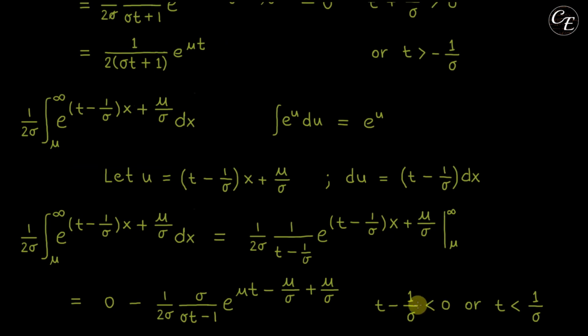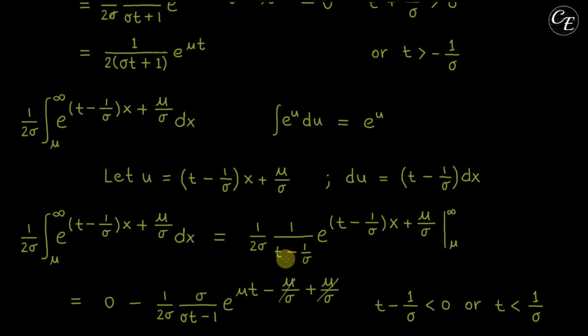Or if we move this 1 over sigma to the right side, we have here t less than 1 over sigma. Then substituting this mu for x in here, and then distributing it for each term in here, we have mu t minus mu over sigma, then plus mu over sigma. Then we can cancel out this minus mu over sigma and plus mu over sigma. Now for this one, we have a common denominator sigma.